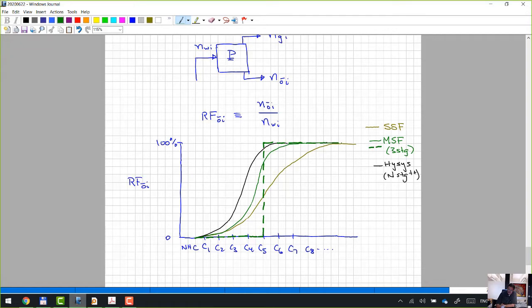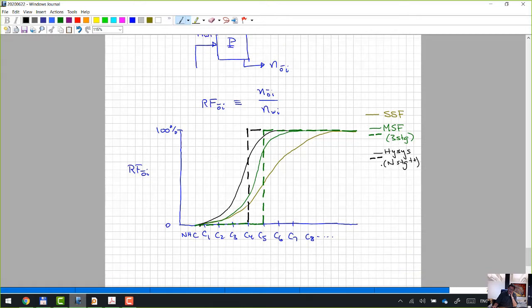So you basically have a step function like that. The black one might be approximated by everything less than C4, and then the C5 and heavier is something like that. So you see, we're making a gross approximation, but it's actually not too bad.